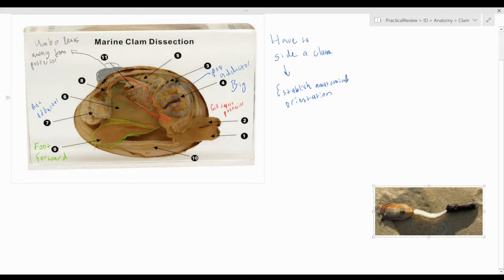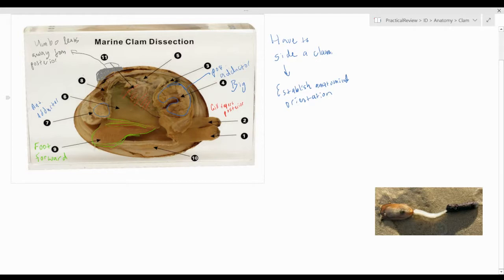Another major feature, which is usually pretty hard to pick out, and I'm going to delete some of these lines for you, is the gill. There's a large gill embedded in the body, and it's thin.